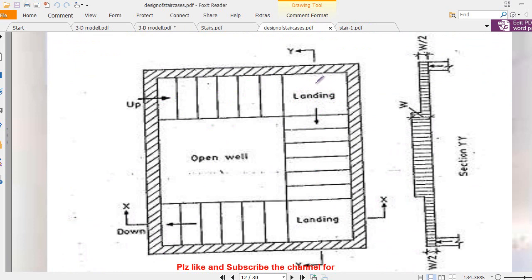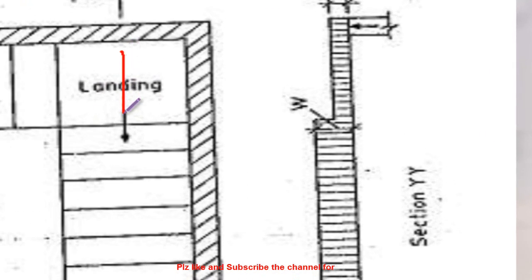Whenever you find that the landing comes under two flights, this is called quarter type landing, so quarter type stairs. Here the landing acts like a two-way slab. It distributes loads in two directions. That is why the loading will be less on the landing and maximum on the flight.